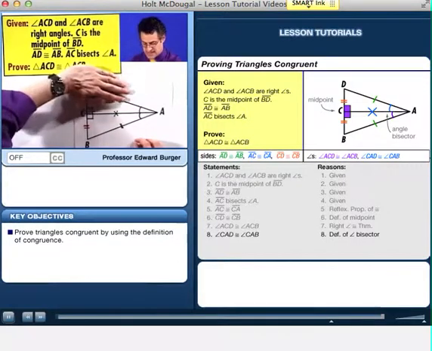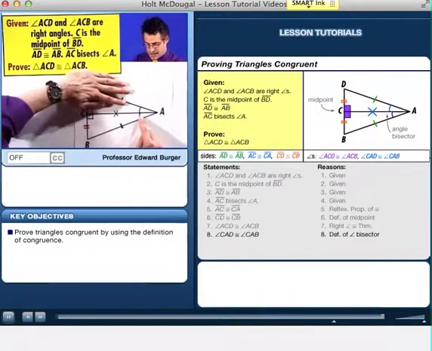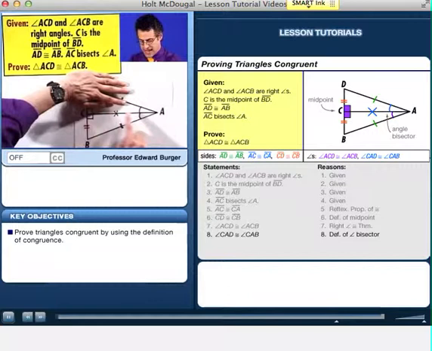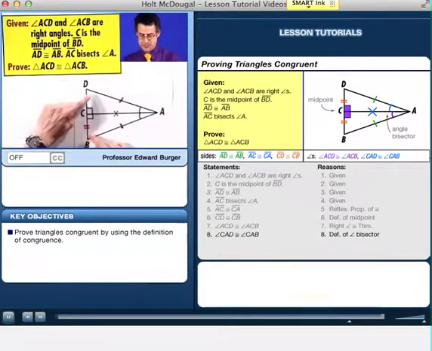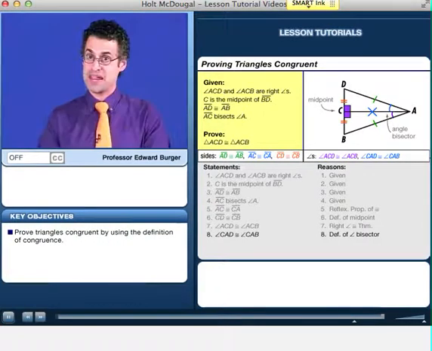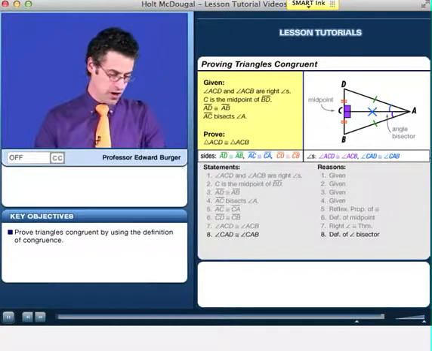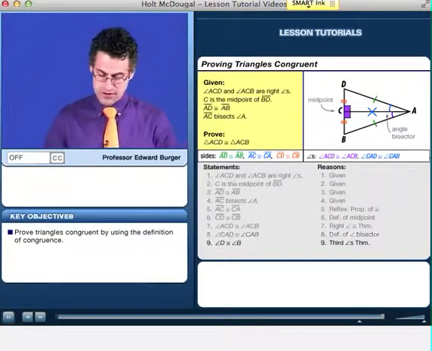Well, I see the exact same thing. I see the blue angle and the purple right angle, so when I add them up, I'm going to get the same sum as I got before. When I take 180 degrees minus that sum, I'm going to get the measure of that angle, which is exactly equal to the number we have here. So the measure of these angles actually same, which means that these angles are in fact congruent.